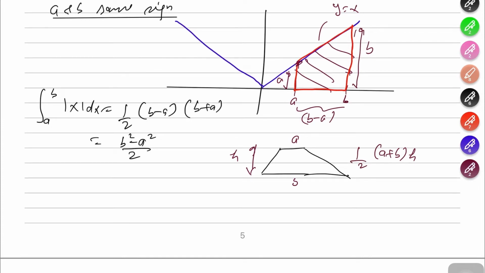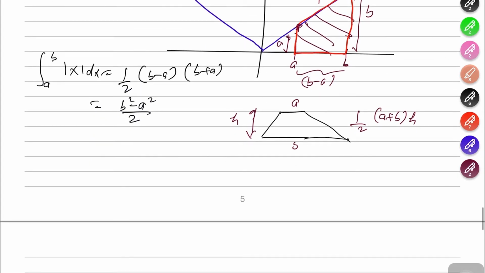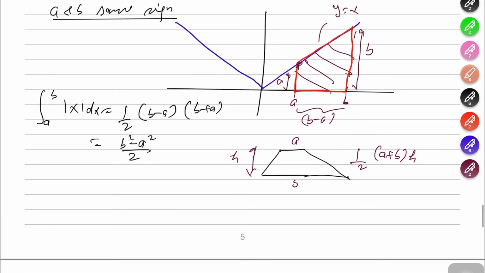And sometimes the value of b is lesser than a, but still since it is a modulus function, it will always be a positive value, because the modulus function is above the x-axis.